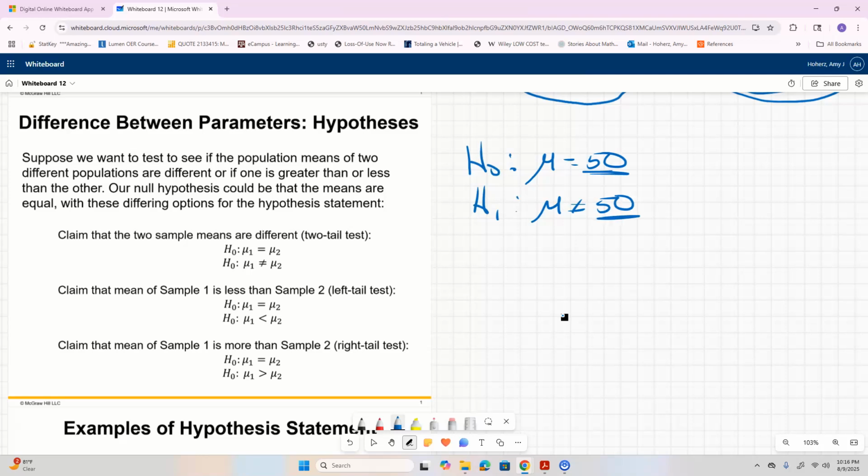In these types, since we're not comparing to a prior study, since we're just comparing two samples to each other, we're not going to have a number anymore. Instead of having a number there, we're going to compare them to each other. We're going to say mean 1 equals mean 2 as our null hypothesis. You notice that's the same in all three of these.